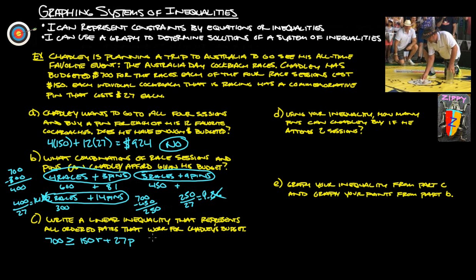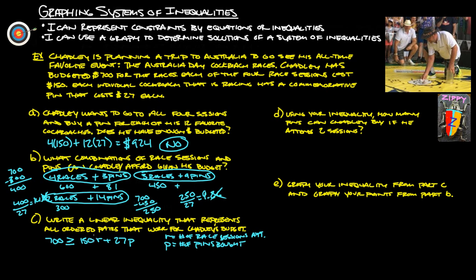You could even put a little legend of R equals number of race sessions attended, and P is number of pins bought. It's always nice to know what your variables stand for.